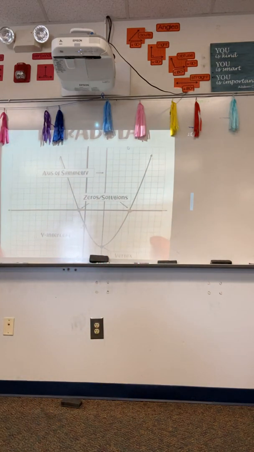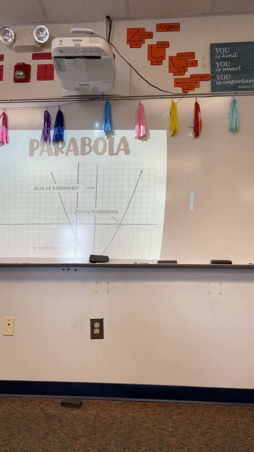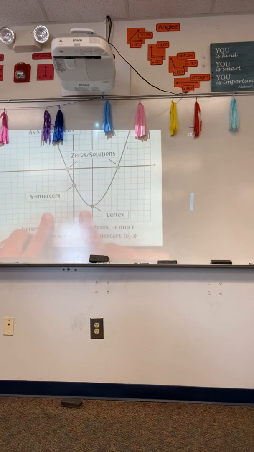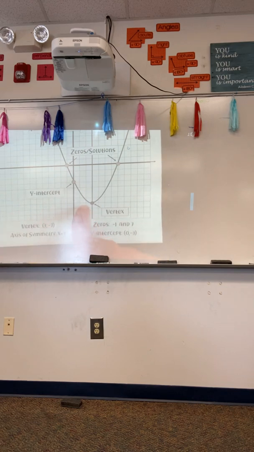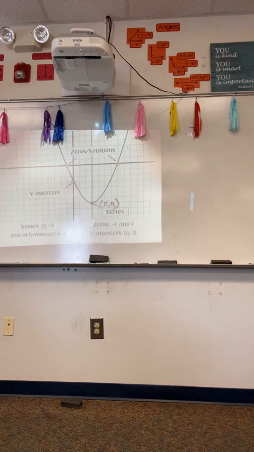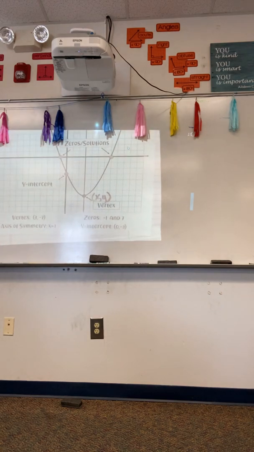There are several different parts to the parabola, and we're going to start with the things that we know. I'm going to start with the vertex way down here, and I'm going to write here that a vertex is an X and a Y. And we can actually count that vertex right now, and we can find out what it is.